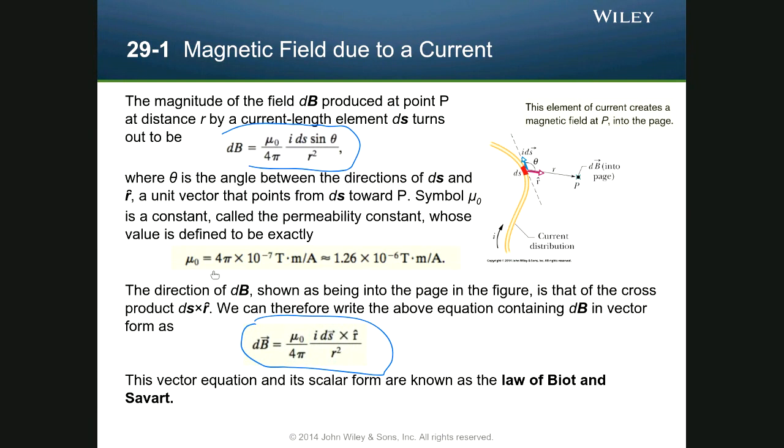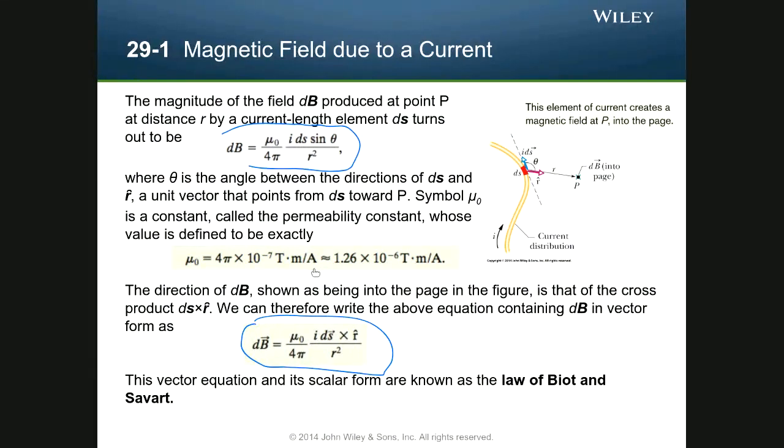Sometimes you'll see a Weber, but that's okay. We have a new symbol we've introduced, mu naught. This is the permeability of free space, and it's equal to 4 pi times 10 to the minus 7 Tesla meters over amperes.